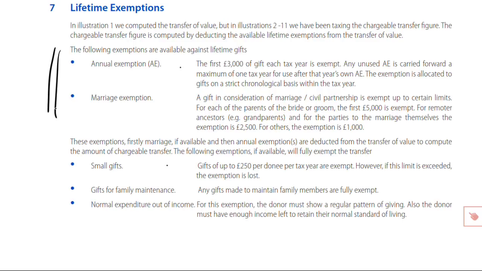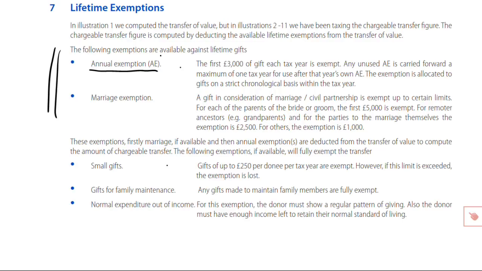Now, those exemptions to be deducted, there's not a huge amount here to remember, are either or both of two exemptions. There is an annual exemption. We're used to the idea of annual exemptions, allowable deductions in relation to tax. We firstly came across a personal allowance in income tax.